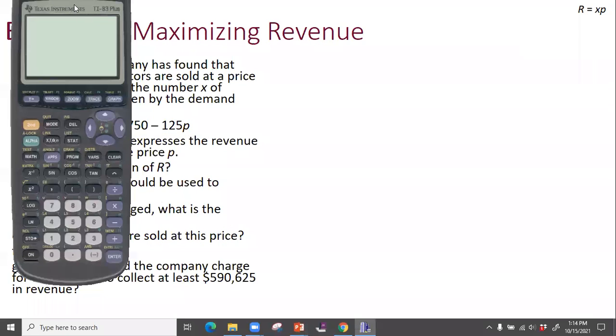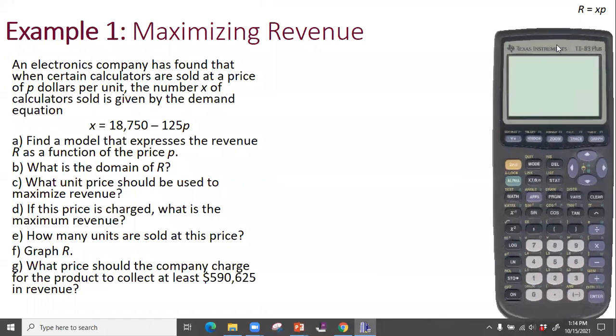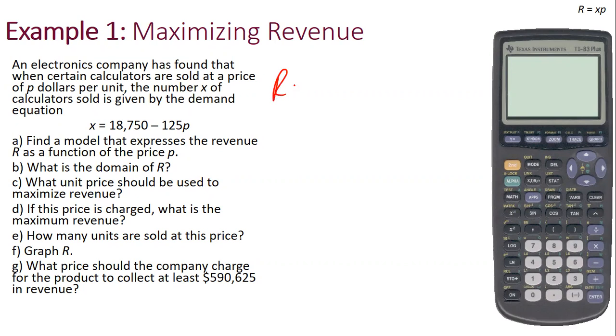Okay, cool. All right, so in order for us to do G, it says, what price should the company charge for the product to collect at least $590,625 in revenue? So we know that revenue equals 18,750 P minus 125 P squared, right?